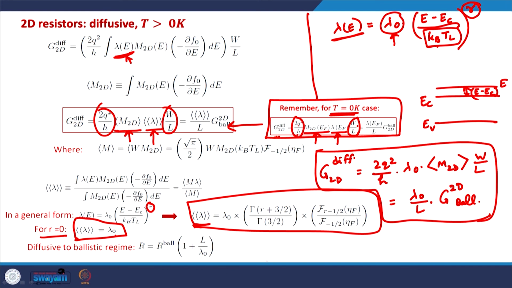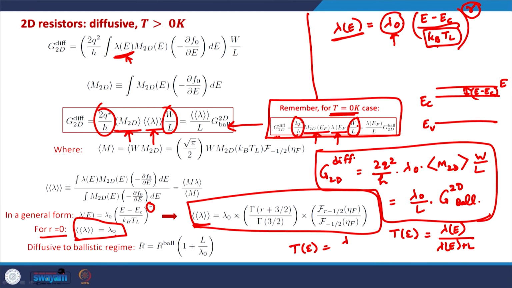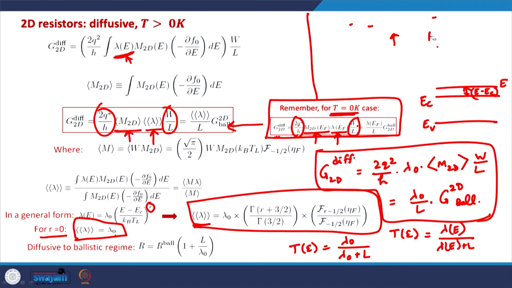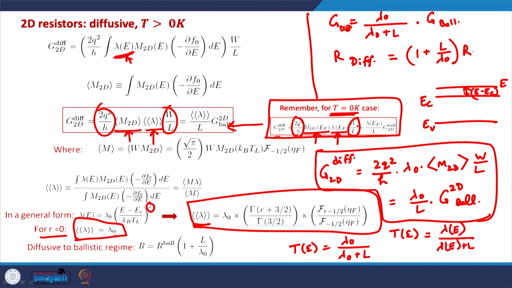If we take the general expression for the transmission coefficient, T(E) equal to lambda(E) divided by lambda(E) plus L, then for the r equal to 0 case, just for acoustic phonon scattering, T(E) becomes lambda naught divided by lambda naught plus L. The conductance will essentially be lambda naught divided by lambda naught plus L times the ballistic conductance, and the resistance in the diffusive case will be the inverse of that, which is essentially (L plus lambda naught) divided by lambda naught times the ballistic resistance.